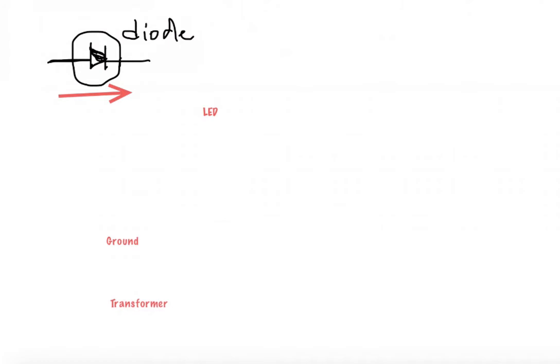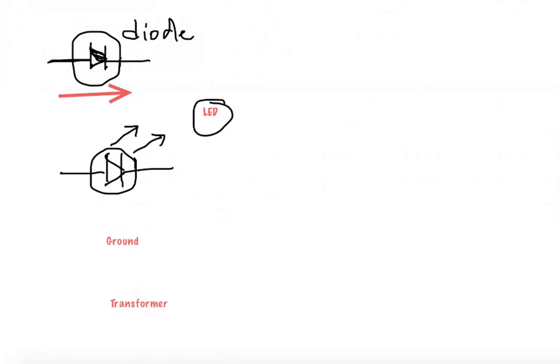Now, if we have also a diode in a circle, but you see the two arrows coming out of the circle, we call this a LED.